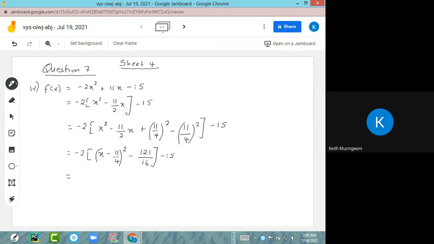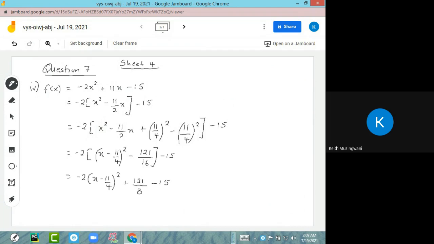Then expand the negative 2, so we'll get negative 2 multiplied by the brackets squared, plus 121 over 8 minus 15. Remember, the 2 does not reach the 15 because 15 is outside the brackets.